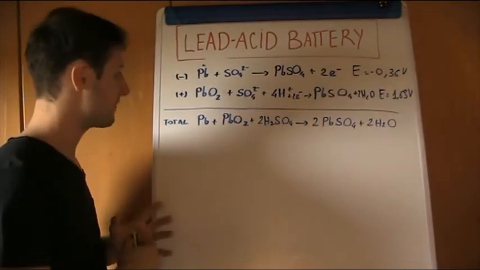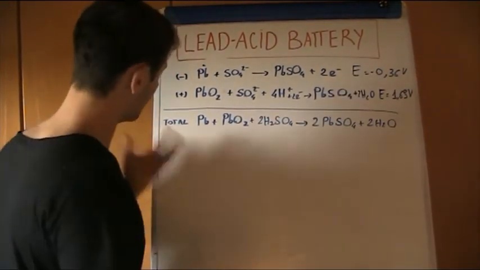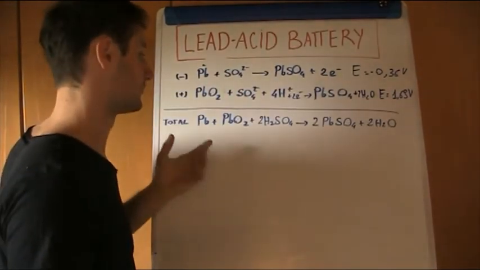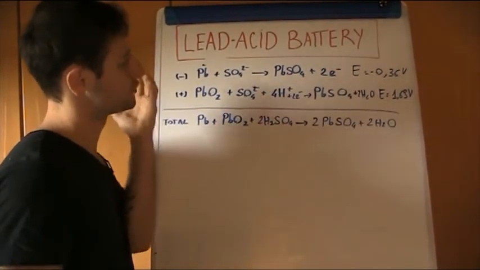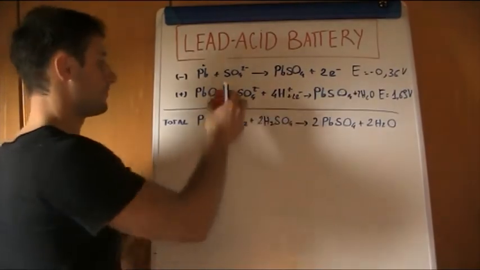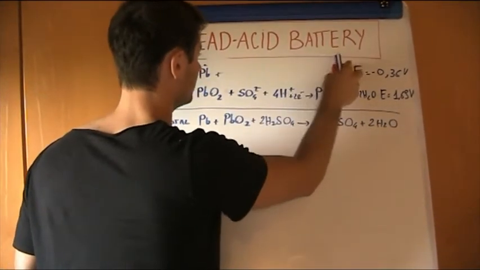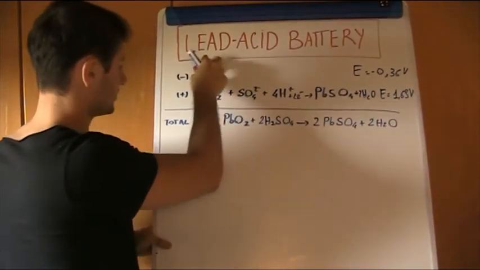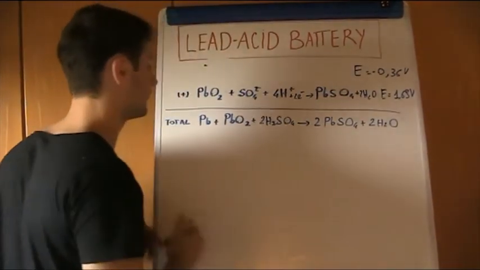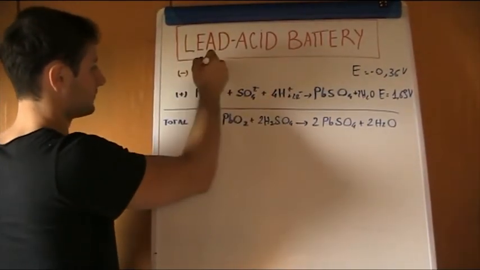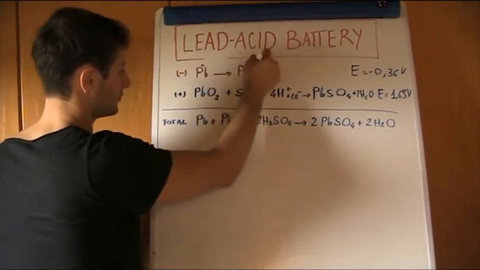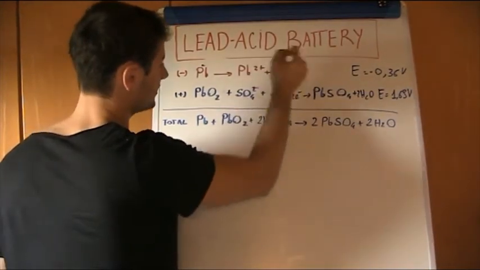But what happens if we imagine running the same reaction avoiding the presence of sulfuric acid? We proceed with the same reactions but without sulfuric acid. So this reaction is now transformed into another one. It's not anymore the reaction that we described before, but this reaction, plus 2 electrons.